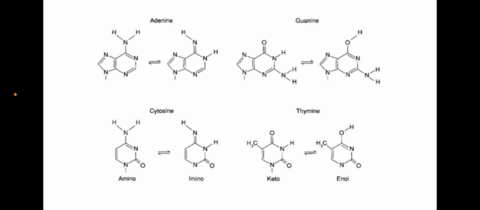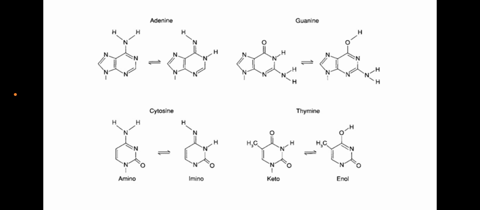When that proton moves from this nitrogen to this oxo group and turns it into the enol form, this group cannot be a receiver. It cannot be an acceptor, so it cannot form the hydrogen bond. So the regular hydrogen bond formation between the bases becomes difficult.